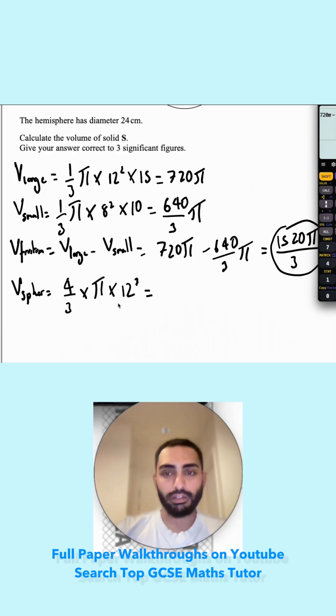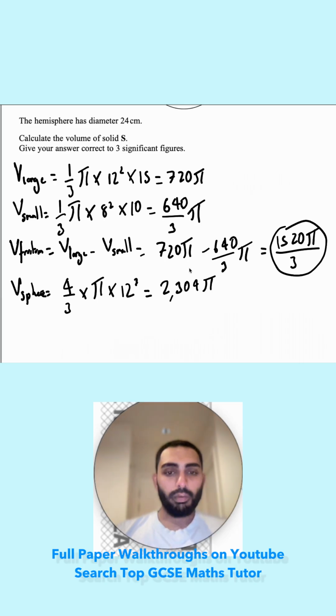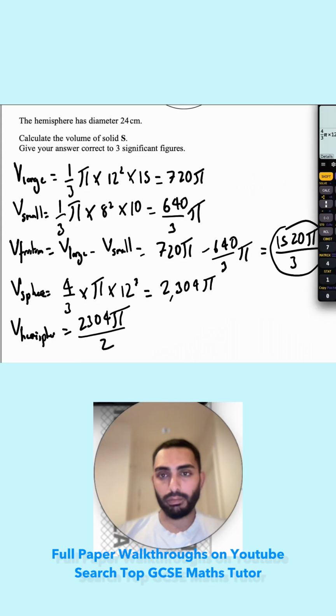Type all of this in. So we've got 4/3 pi multiplied by 12 cubed, which is 2304 pi. We've got the volume of the sphere, but we need the volume of a hemisphere, so we just divide this by 2. So that's 1152 pi.